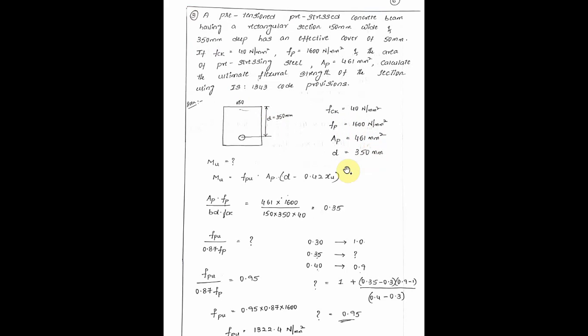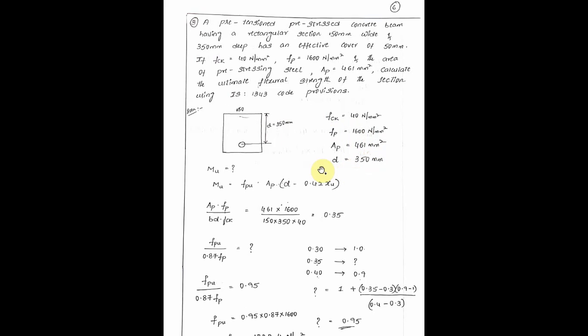So cross section 150 by 350, fck 40 Newton per mm square, fp is equal to 1600 Newton per mm square, Ap is equal to 461 mm square, d is equal to 350 mm. We have to find Mu equal to how much?